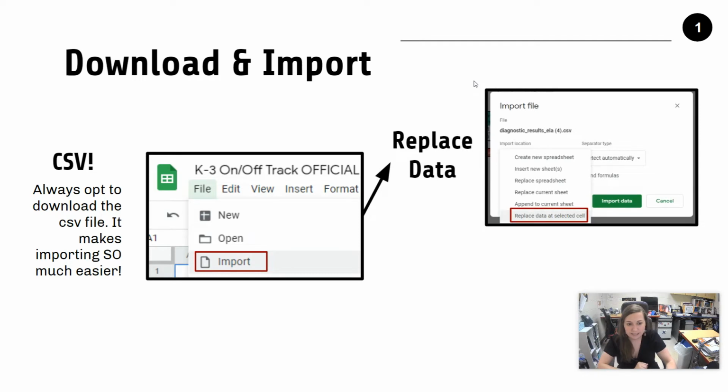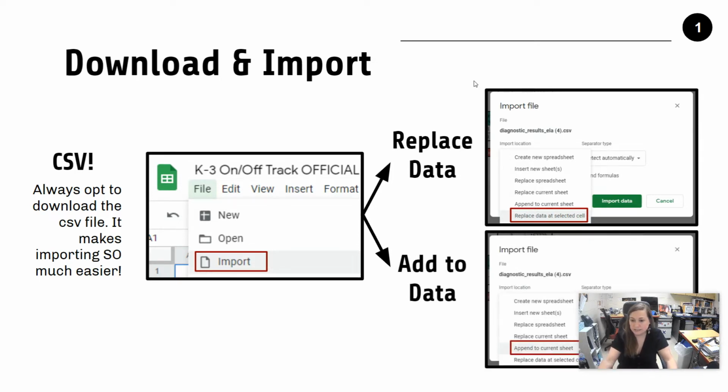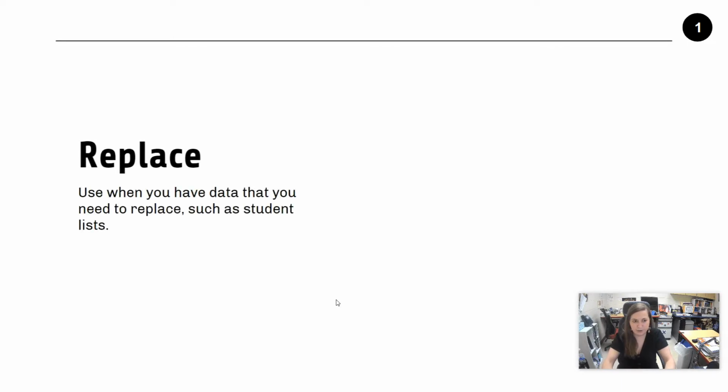And there are 2 different ways that I usually import the data. I either go with replace data. So when you click on import, it's going to give you these options: replace data at selected cell, or the other one that I sometimes use is to append to current sheet. And those can kind of serve 2 different purposes for you.